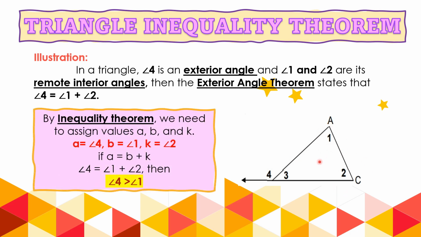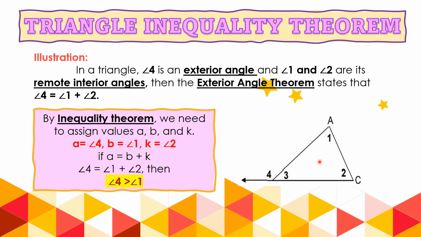By the inequality theorem, we need to assign values for A, B, and K. Let A be equal to angle 4, B equal to angle 1, and K equal to angle 2. If A is equal to B plus K, substituting the values, it becomes angle 4 is equal to angle 1 plus angle 2.